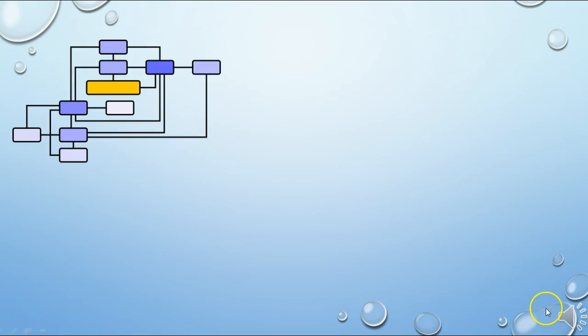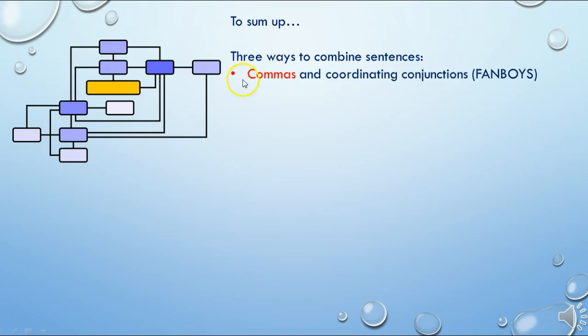Okay, to sum this up, there are three ways to connect ideas, to get more complex ideas by combining sentences. First is to use a comma with the coordinating conjunctions for, and, nor, but, or, yet, and so. The second way of combining sentences is to use a semicolon with conjunctive adverbs.